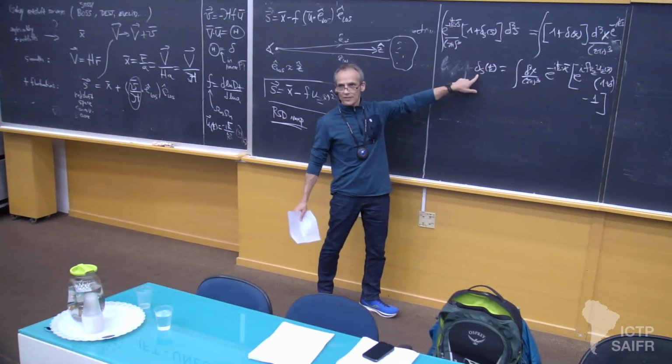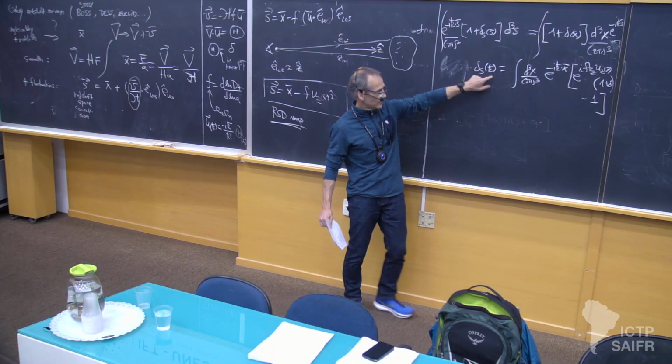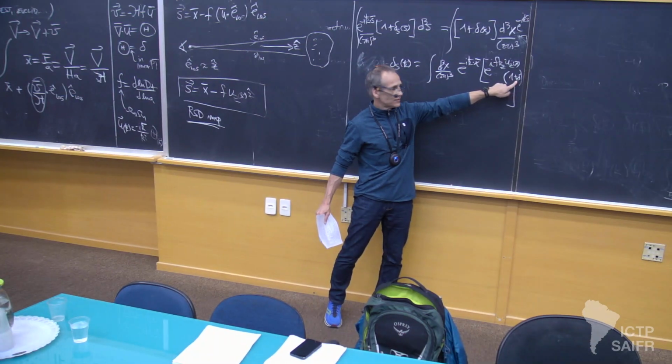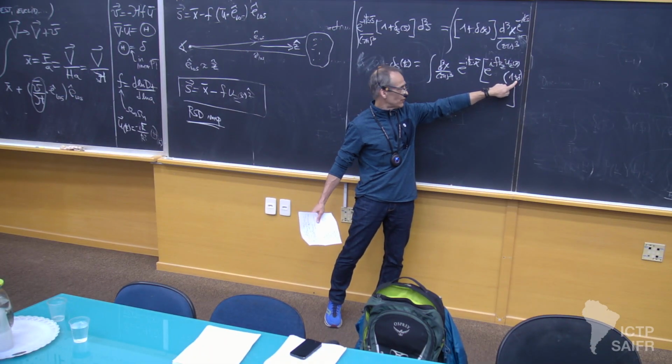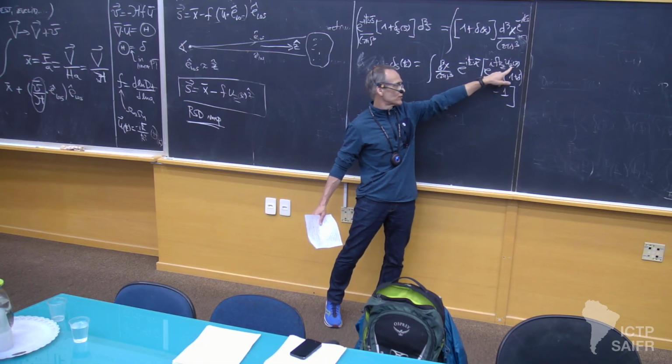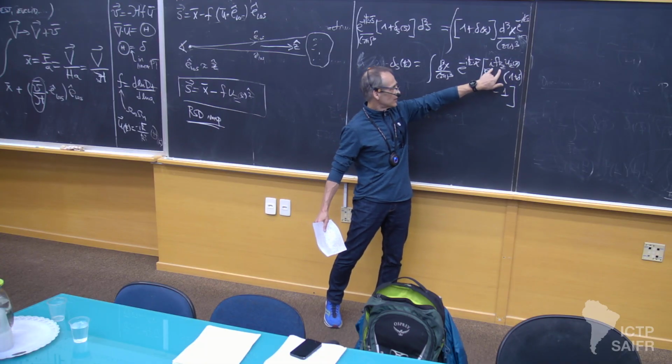The redshift space density Fourier modes are the standard Fourier modes, which will be the Fourier transform, times a phase that depends on the velocity field and on the wave vector along the line of sight.